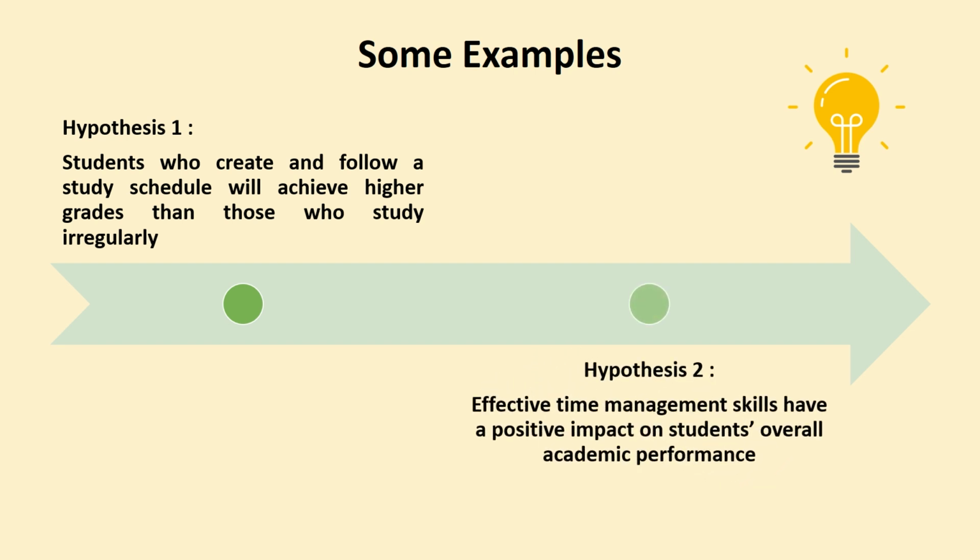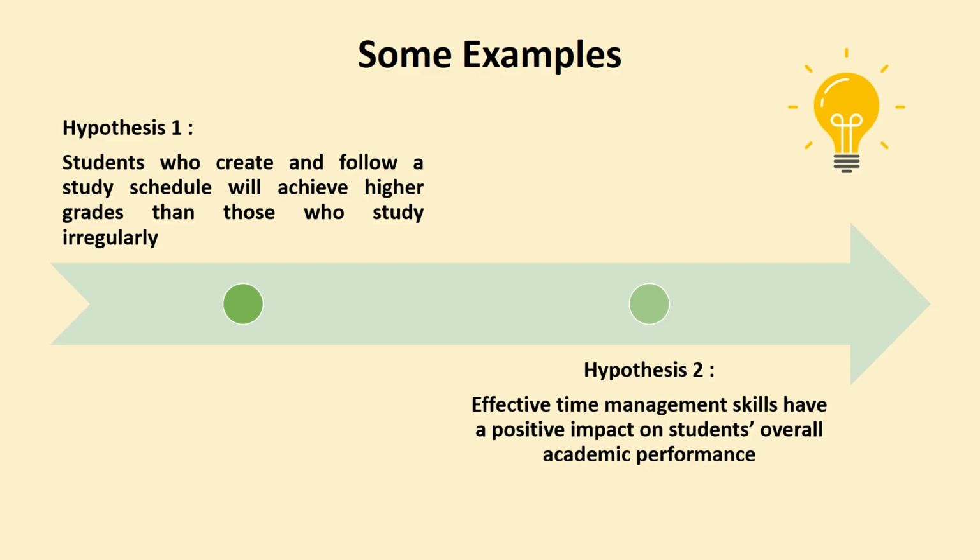Hypothesis 2: Effective time management skills have a positive impact on students' overall academic performance. There are several kinds of hypotheses that we will discuss in upcoming lectures. At the initial level, a researcher does not go for specificity but is concerned with cause and effect: what concerns are provoking something to happen, making a relationship, a conjecture, between the things affecting something to occur.